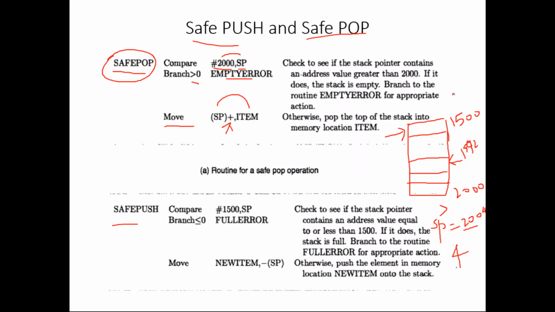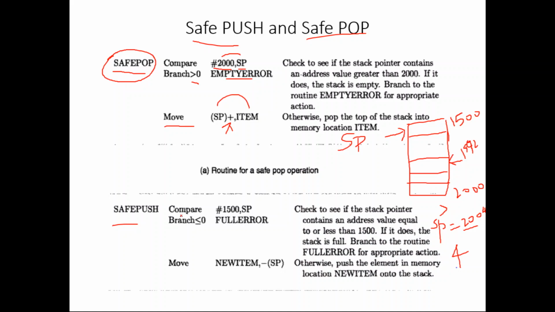Even equal to 1500 is not allowed: if SP is already at 1500, it means the stack is full. So SP should not have any value less than or equal to 1500.